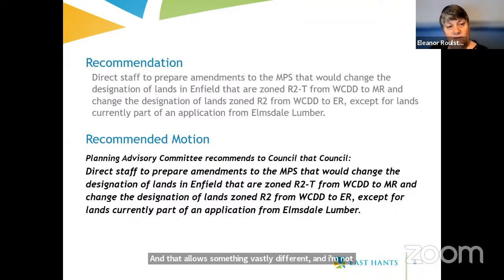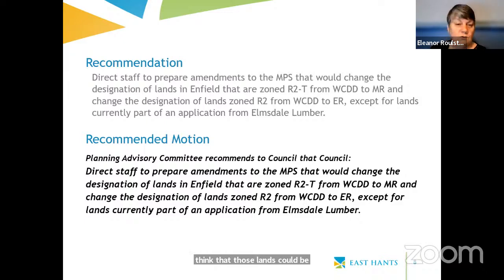And I'm not sure that's a good idea. I think we should have clarity for folks. If we think those lands could be developed as R2 or R2T or this, then we should have something that very clearly allows for that. I don't know what the answer is, but I think the public are confused until something pops up that they don't like. And even we as councillors, we're not planners.